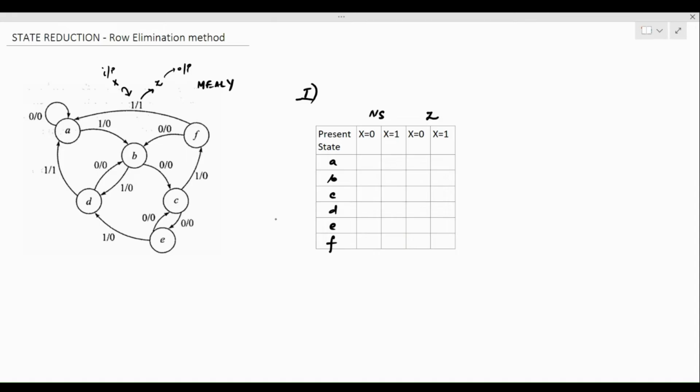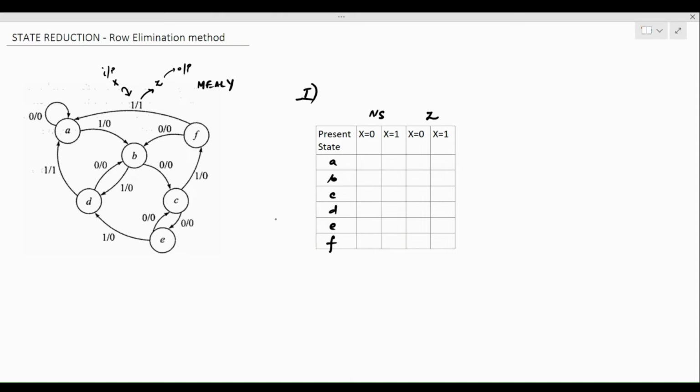So when x is equal to 0, what happens to the next state? Let's analyze each state one at a time, and consider the two different possibilities of the input and see where they are going. This is a very simple step. So let's take up one state at a time.